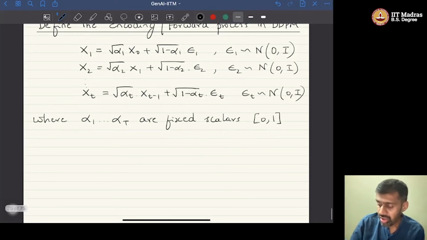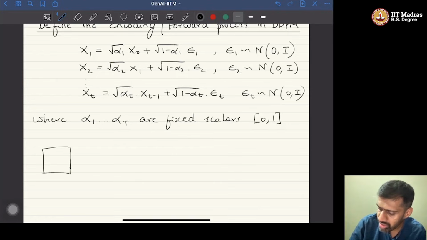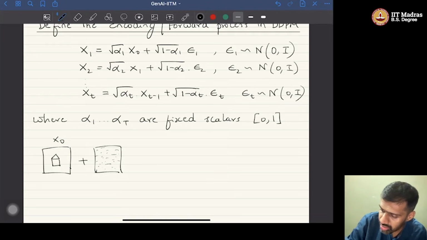Now diagrammatically, what does this signify? Let's say that we have x naught, which is an image that we start with. Let's say there is some house image that we have, and this is my x naught. Now the projection onto the next latent space can be looked at as follows: I just sample a Gaussian noise, this is my epsilon naught, and I scale it with root of 1 minus alpha 1.